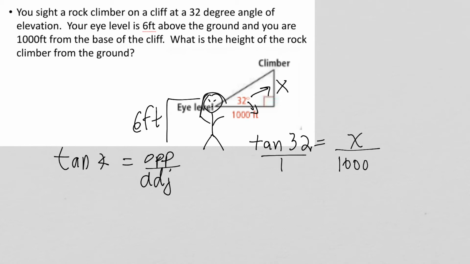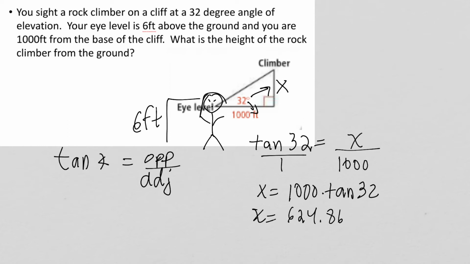We're going to solve this equation for x, so let's cross multiply here. X times 1 is x, and then 1,000 times tangent 32. So this is what you're plugging in your calculator. Make sure it's in degree mode, or in Desmos, make sure it's in degree mode. When I multiply it out, I get 624.869 feet.